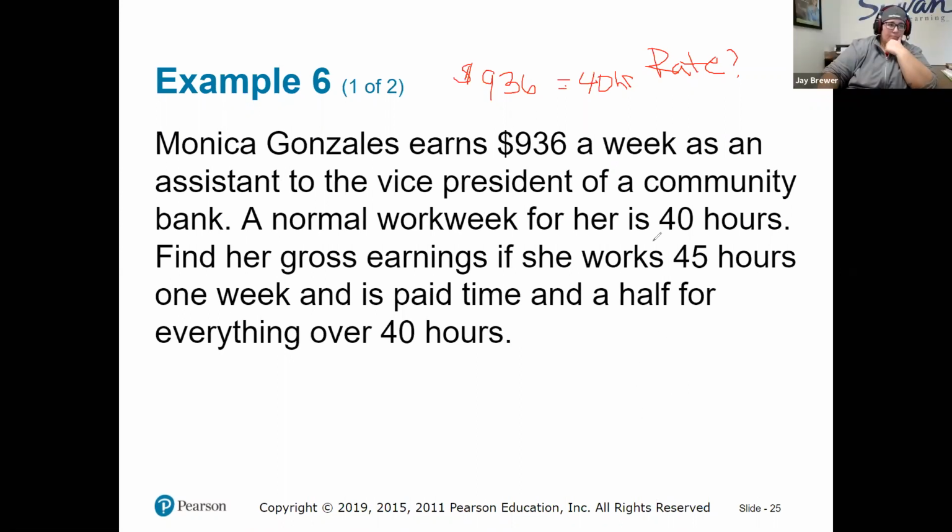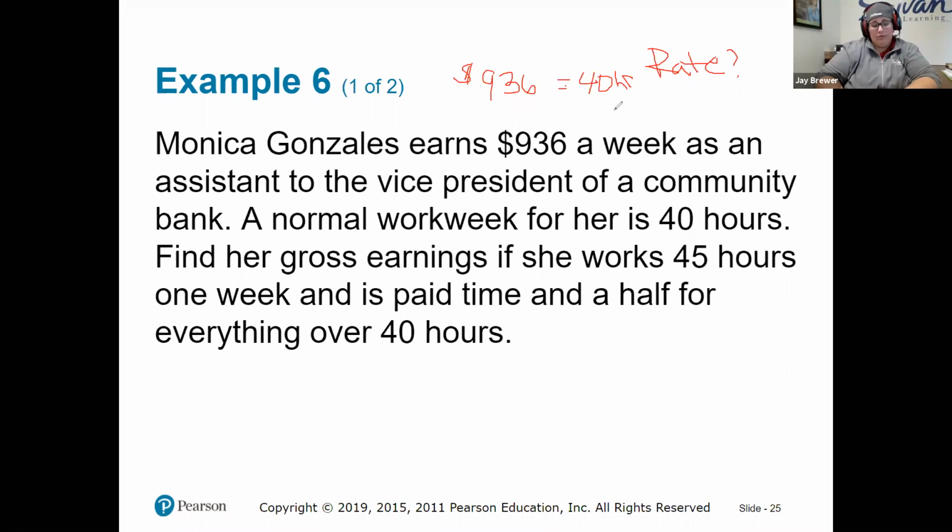Do I typically give you guys a rate in 40-hour increments? What do I give you a rate in normally? Hourly, right. I will let you know that she has a really nice hourly rate. So how do you figure out that hourly rate?